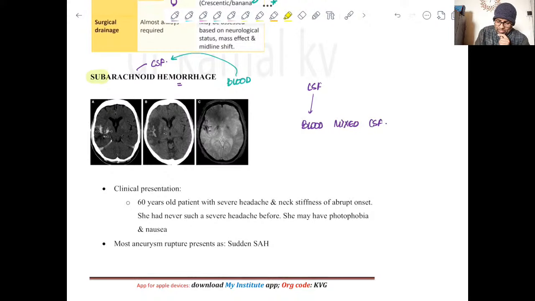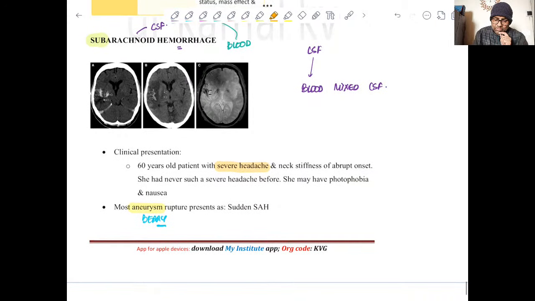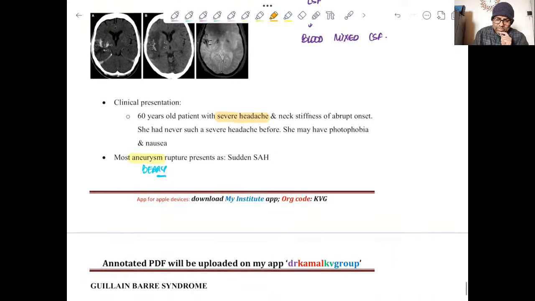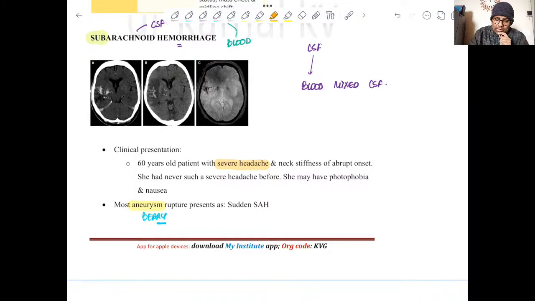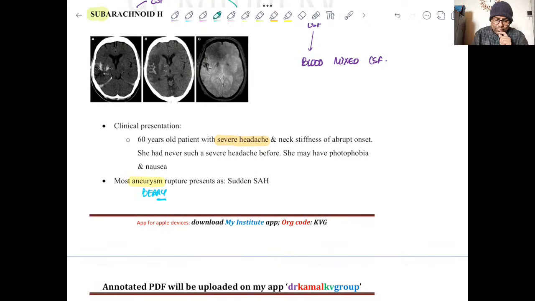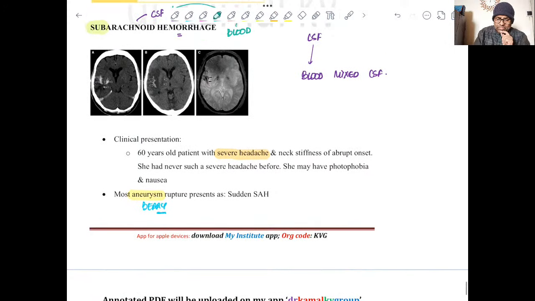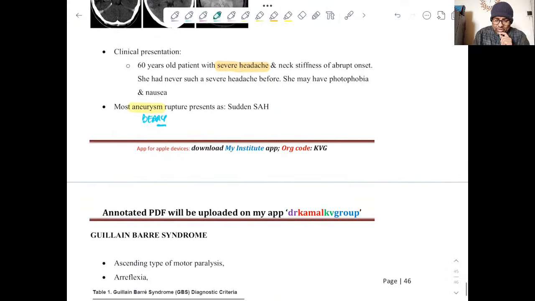Apart from that, one should remember that it is mostly because of rupture of Berry aneurysm, which usually involves the circle of Willis, and the classical presentation is of thunderclap headache. And on CT scan you will see the enlargement of the cisterns, which are usually filled with CSF. Clear? So not difficult to diagnose.